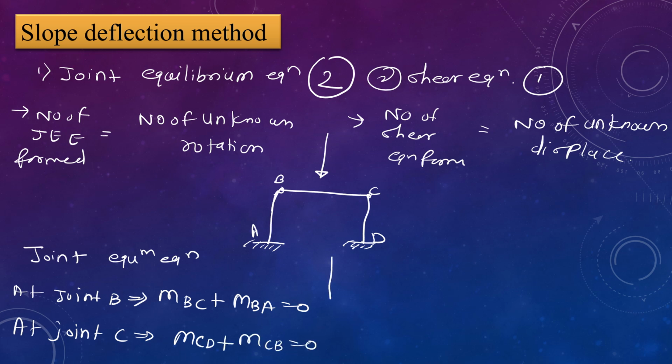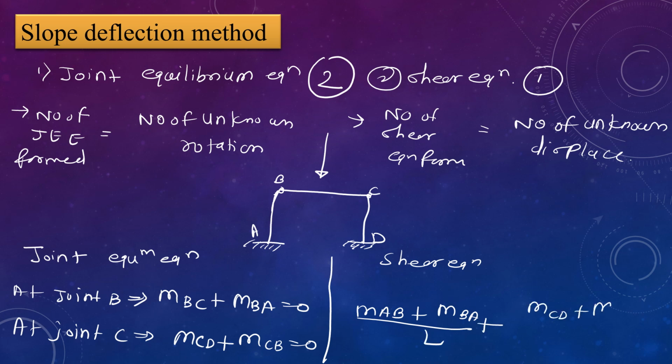This is the joint equilibrium equation, and the shear equation is (MAB plus MBA) divided by L plus (MCD plus MDC) divided by L is equal to 0. So these are the shear equation and joint equilibrium equations for solving this kind of frame.